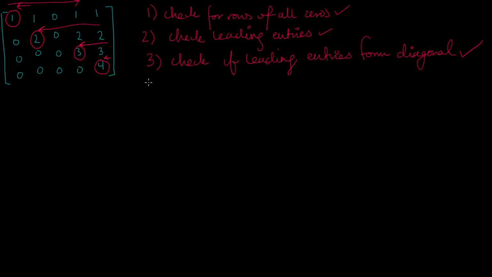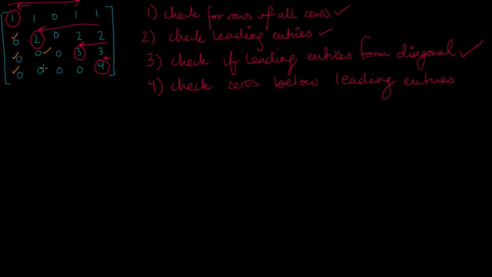Now the fourth thing we want to do is check for zeros below the leading entries. Now, we've already circled the leading entries, so all we have to do is check for zeros below them. This leading entry does have all zeros below it.